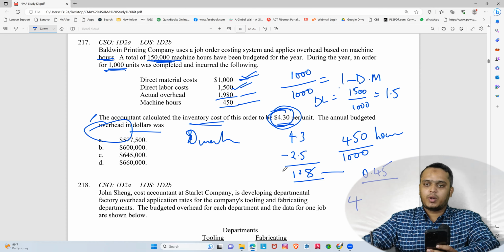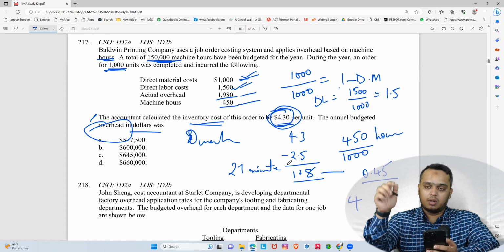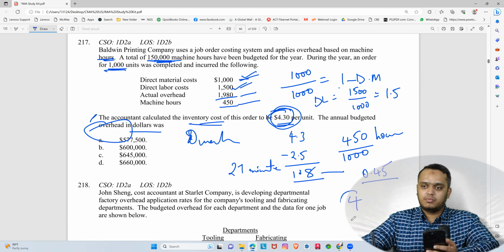It is taking 27 minutes to make 1 unit. So somewhere around 2 point something units I can make in an hour, but the cost of that will be $4. So per hour, my cost is $4.